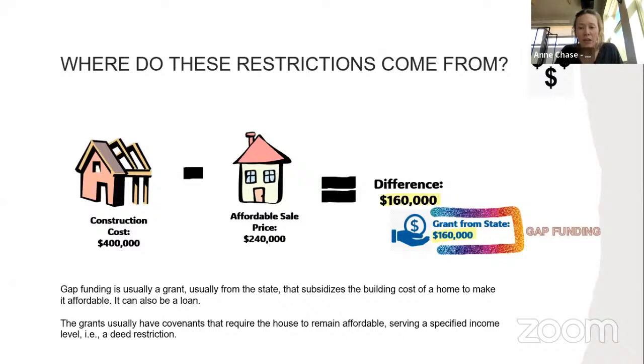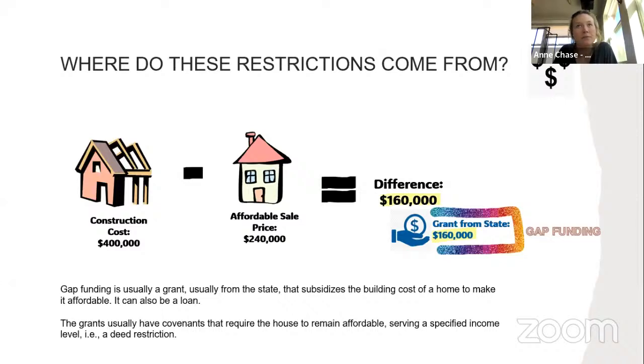And so these usually come in the form of grants or loans. And with these investments from these other entities, they often require that this money is subsidizing a home that will serve a specific income level.